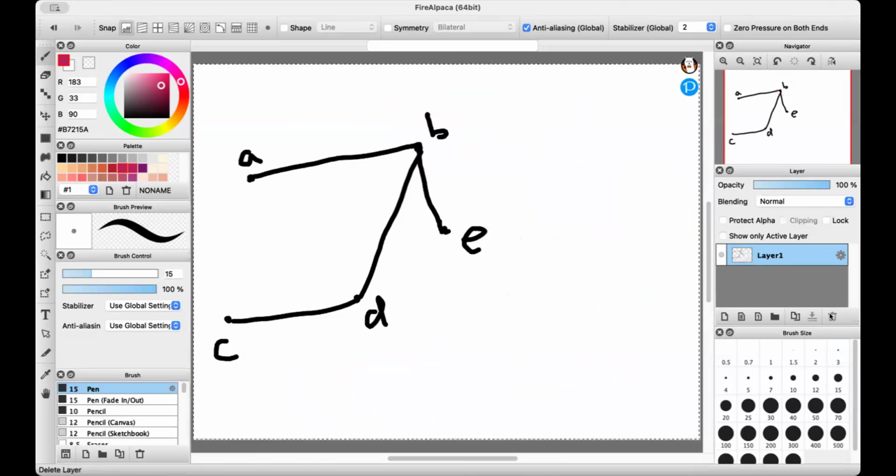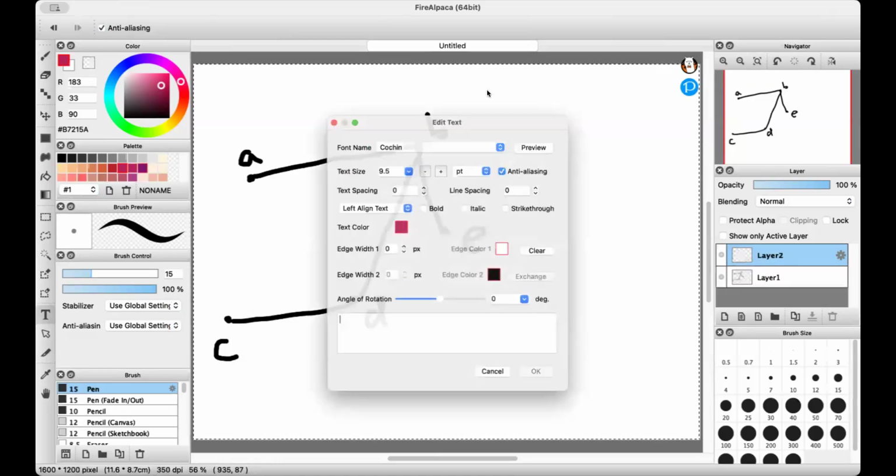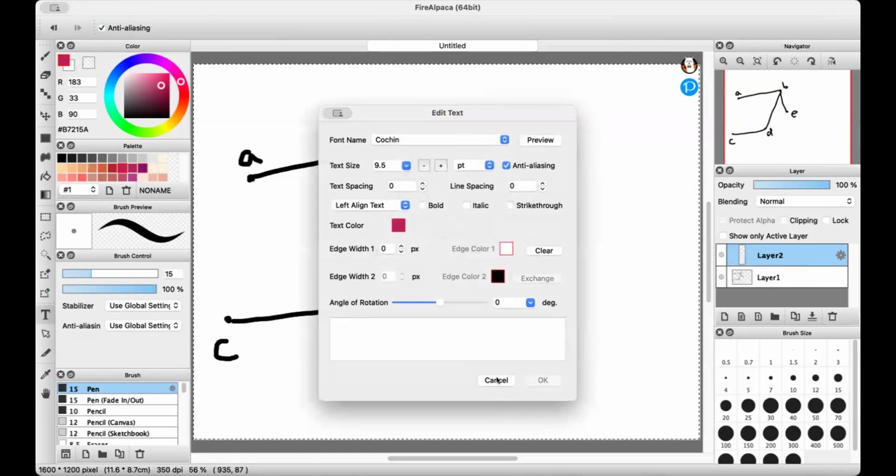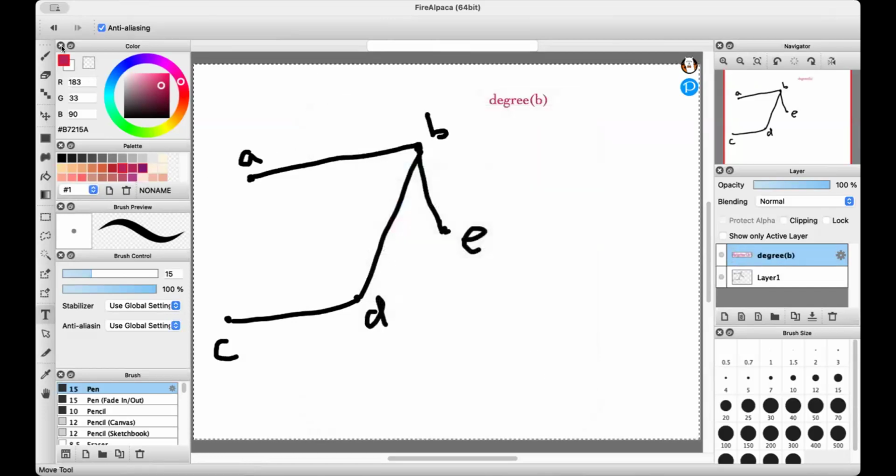Okay. So next, extending from the neighborhood, we also want to talk about the degree of a vertex. Let's say vertex B again.